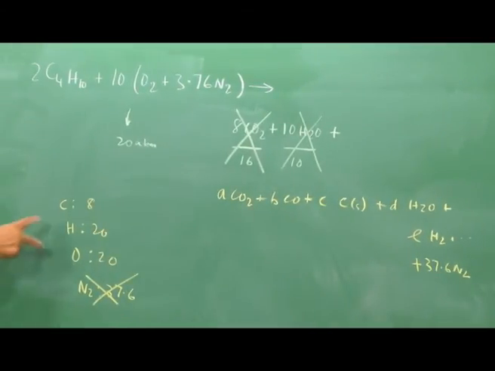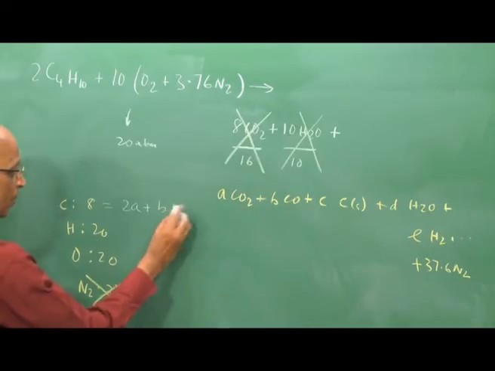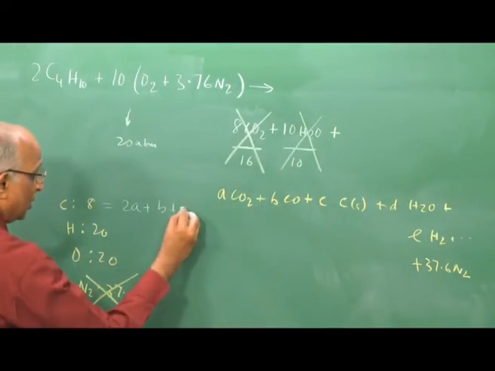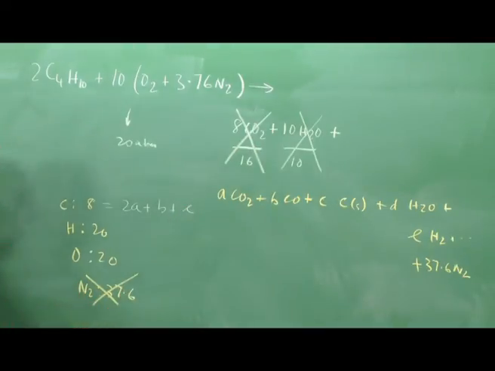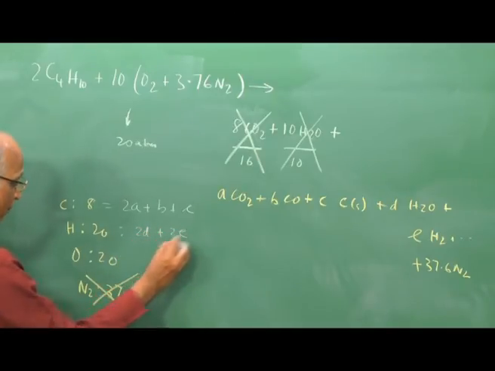Therefore, now I can write 3 equations. The carbon balance equation will tell me, on the right hand side, 8 is equal to 2A plus B plus C. Hydrogen balance is 20 equal to 2D plus 2E.